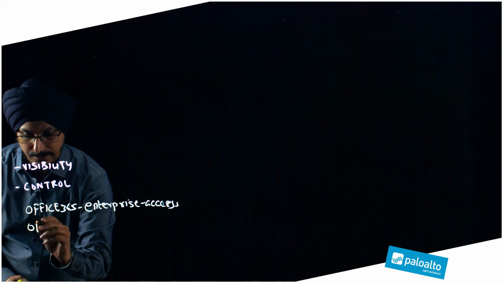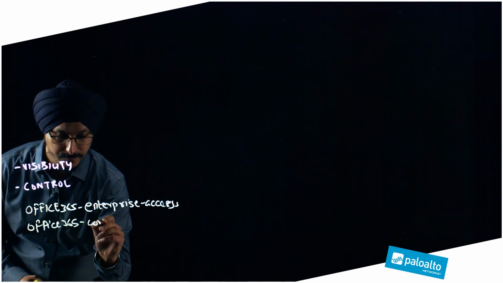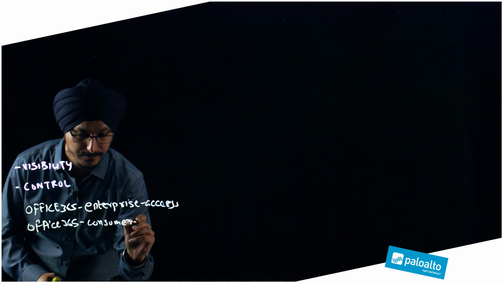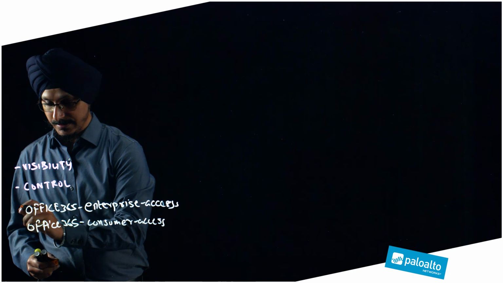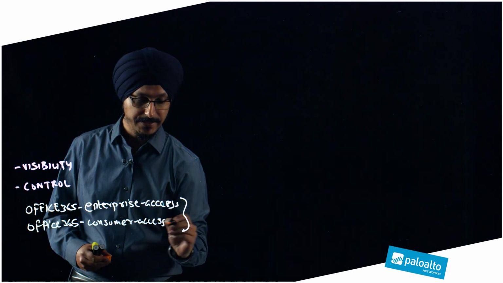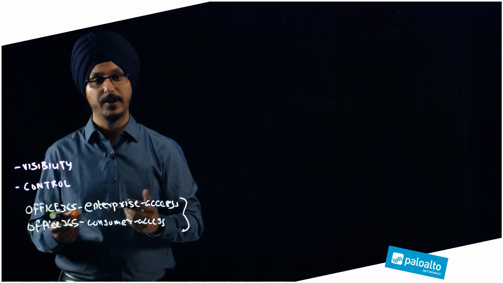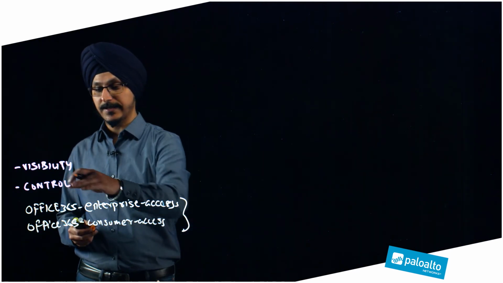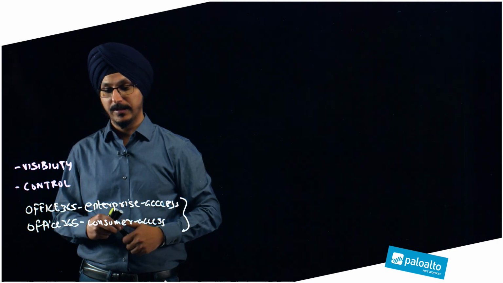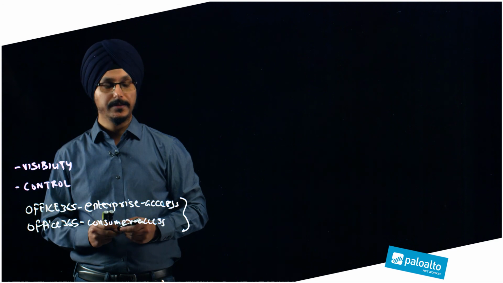And the other one is called Office 365 Consumer Access. So these two App IDs, combined with the existing set of App IDs that we already have for Office 365, can give you this extremely granular level of control regarding how the access is made to Office 365.